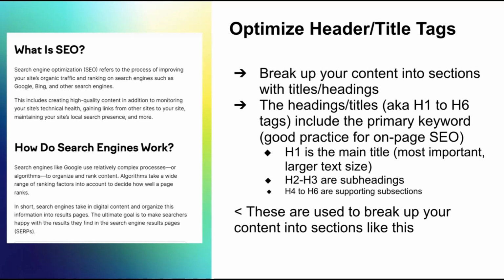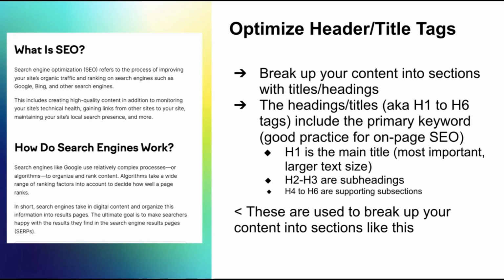And a good practice when you're starting off with your main title is to include that primary keyword that you selected in your title, and then consider adding the relevant keywords in your subheadings or your supporting subsections. So I've given you an example of what those heading breakups might look like in a piece of content that you're writing for your website.